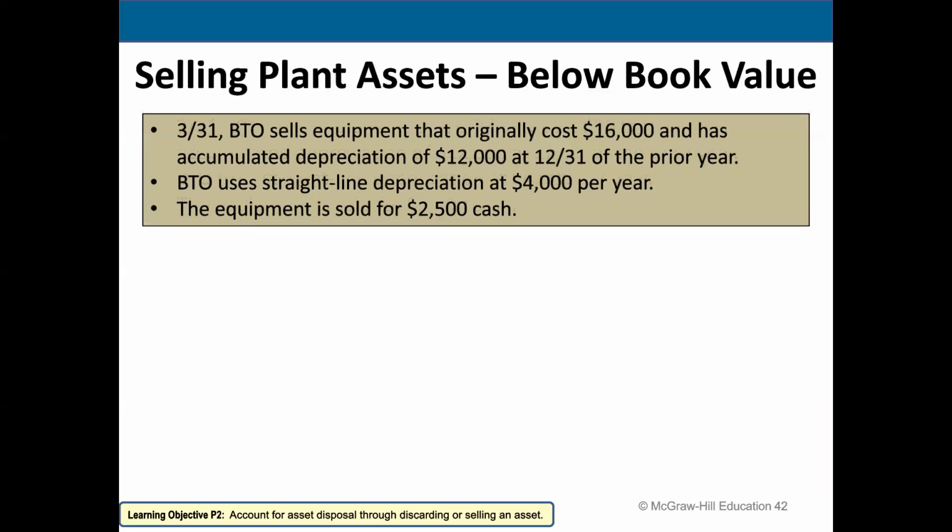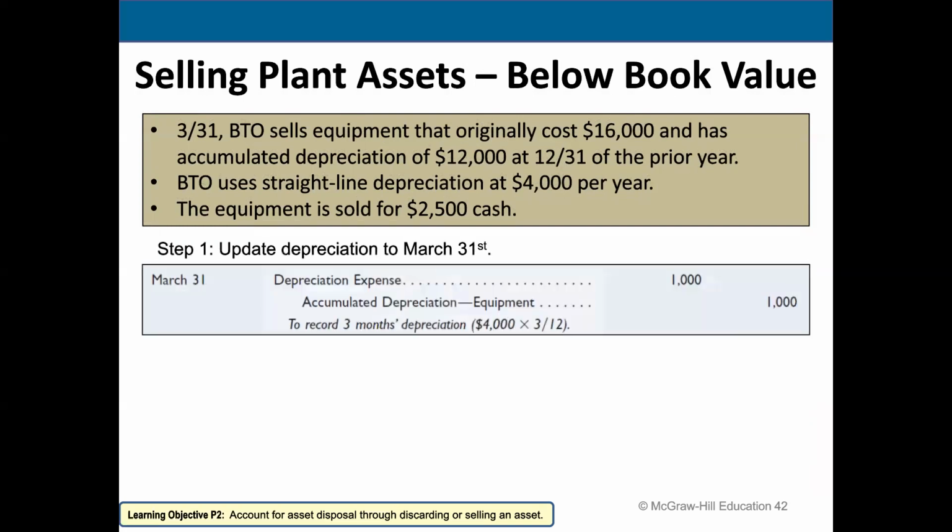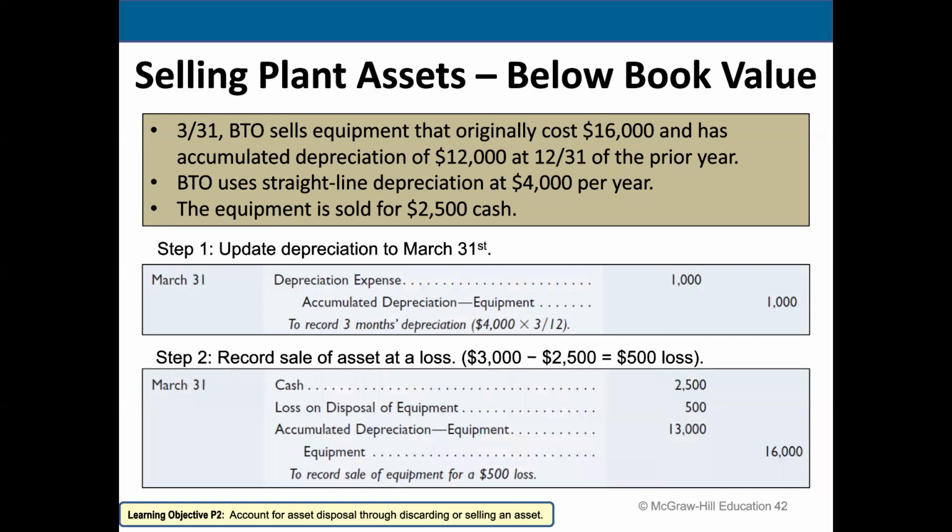And then one more example where we sell the plant asset below book value. So all of the same information, except now we're selling it for $2,500 in cash. Step one, bring the depreciation expense and accumulated depreciation up to where it should be at March 31st. And then same thing, I know I'm getting $2,500 in cash, so I debit that. I skip the loss or gain because I'm not sure yet.